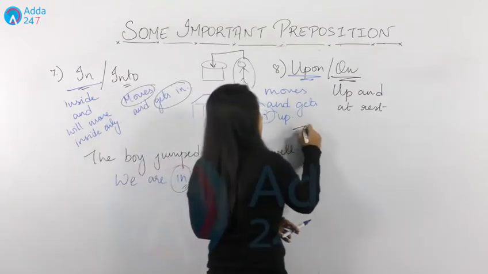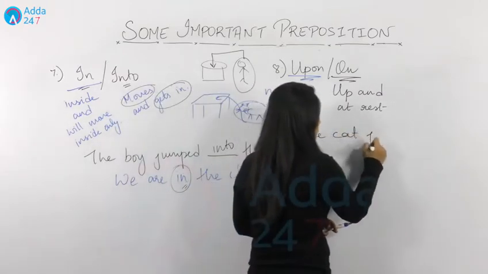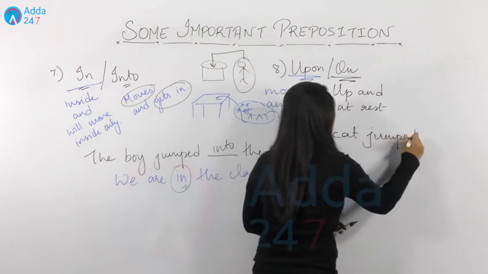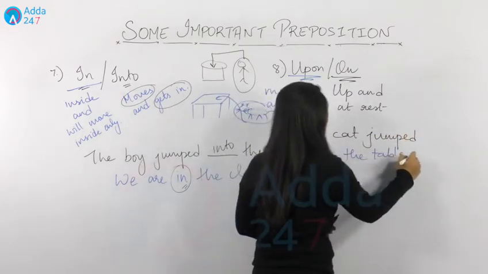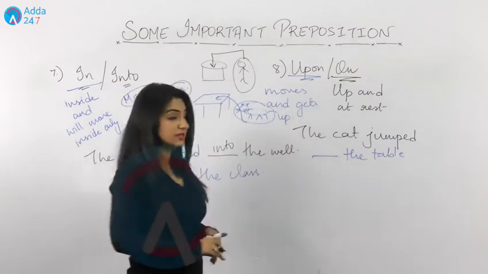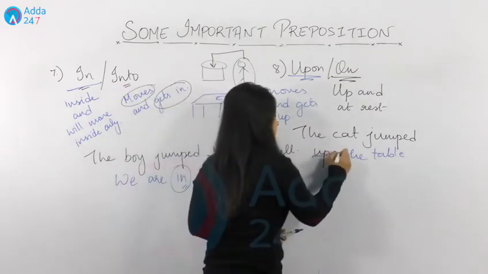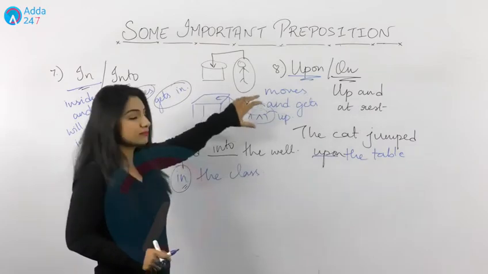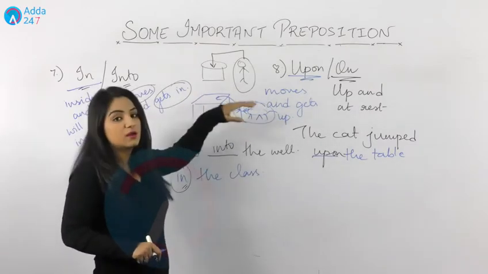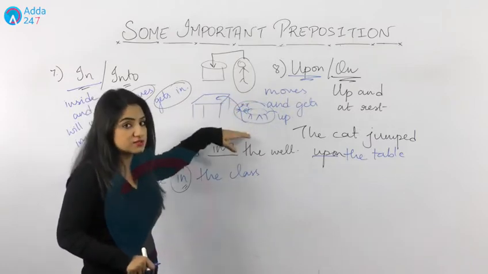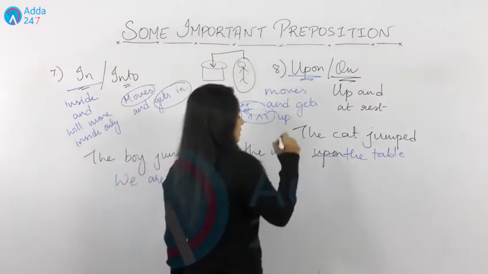What happens? The cat jumped dash the table. What should I place here in the sentence? The cat jumped upon the table. Why? Because this cat moved from its place and jumped on the table. That means the surface here changes. That's why.